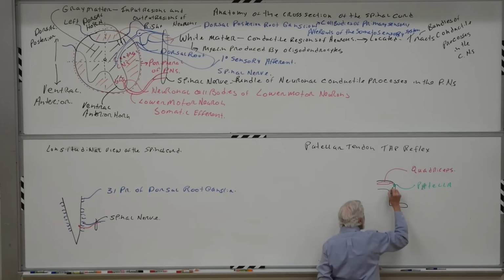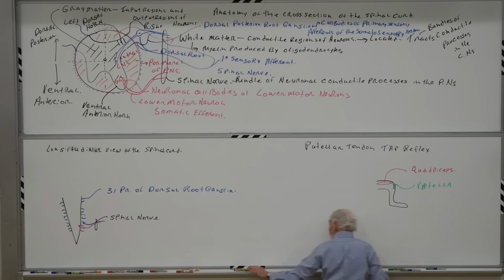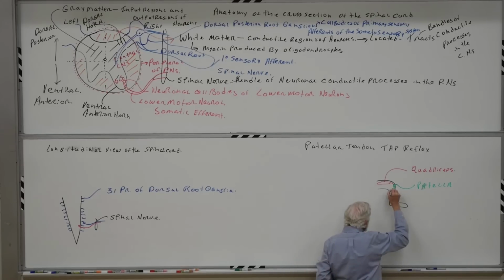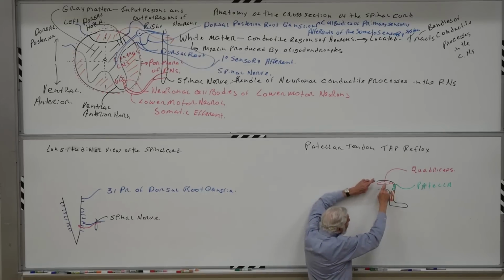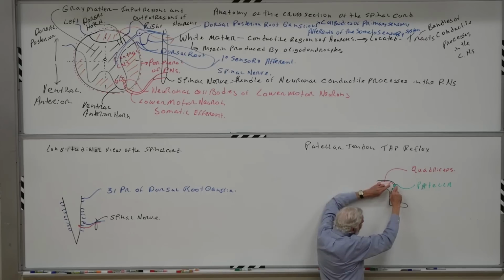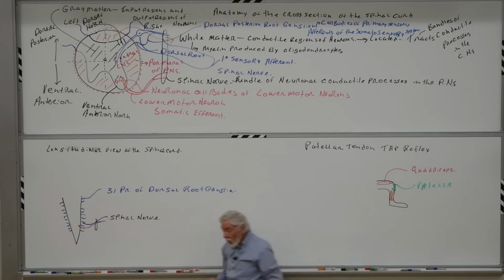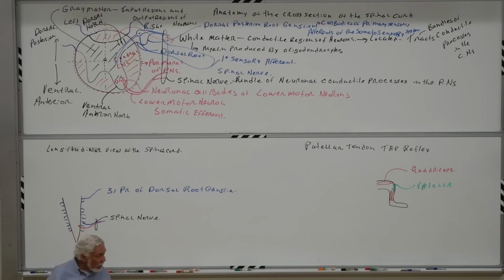The patella, in turn, is connected to the two bones of the lower limb, the fibula and the tibia. So that's the mechanical anatomy of the quadriceps linked to the patella, to the fibula and tibia.